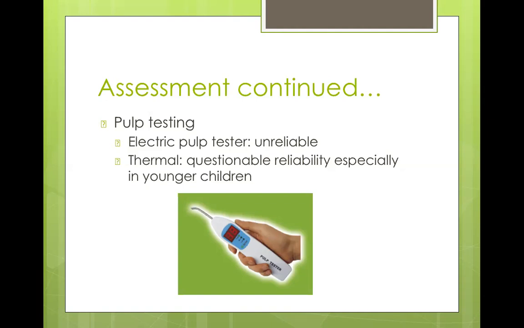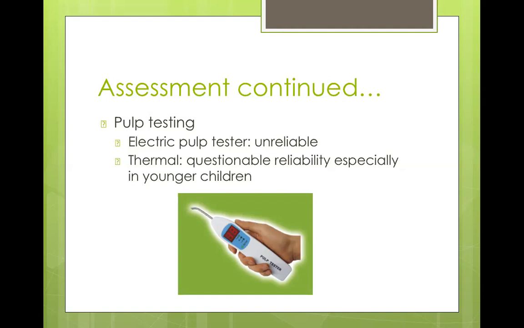So I press on the tooth that I know is fine. I apply apical pressure. If it's a lower tooth, I have the tooth in between my index finger and my thumb at the border of the lower jaw, and I apply apical pressure in between both fingers, and I look at their eyes while I'm doing that.